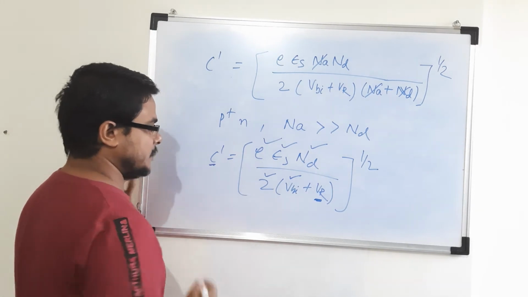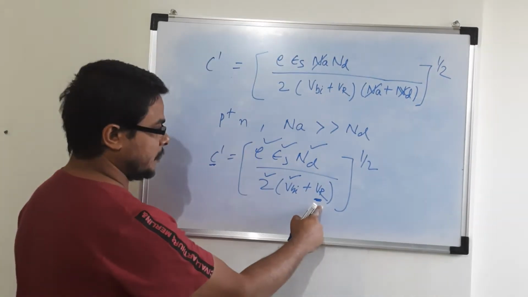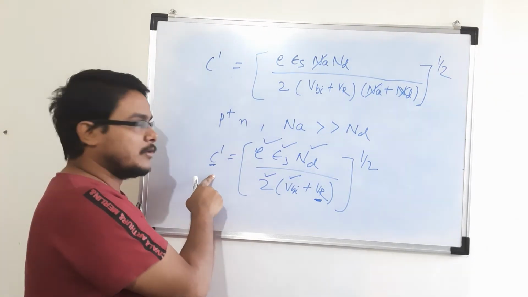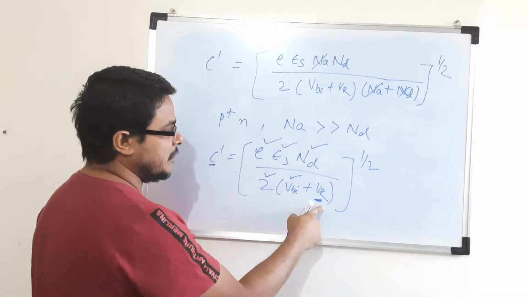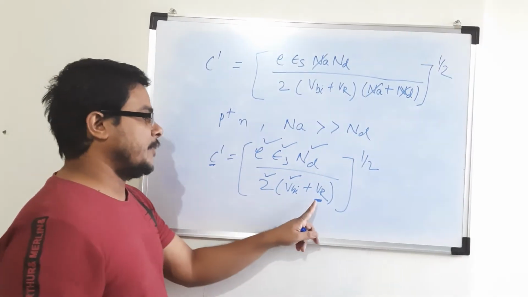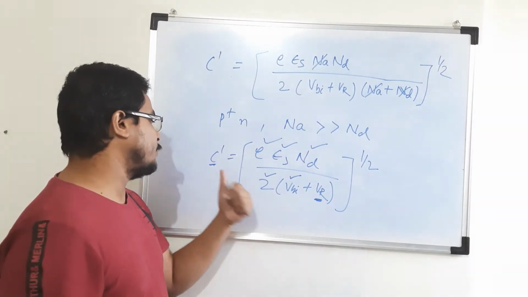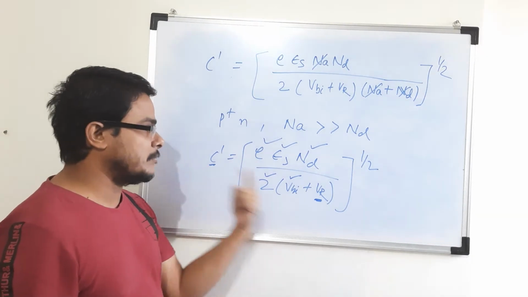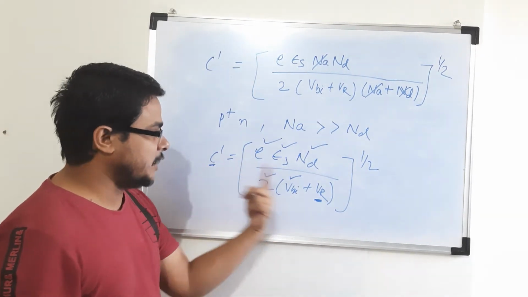And here C' is the dependent parameter, and the independent parameter is Vr. So in any experiment, suppose you are varying the reverse applied bias, then you are studying C', and then you can plot a graph. What should be the nature of the graph?